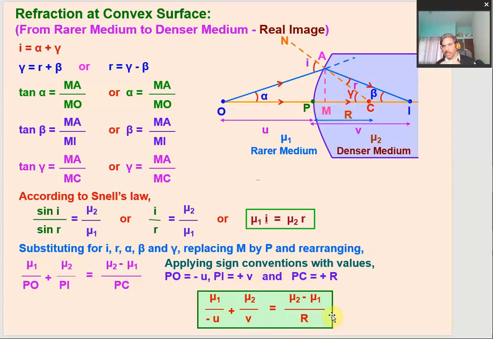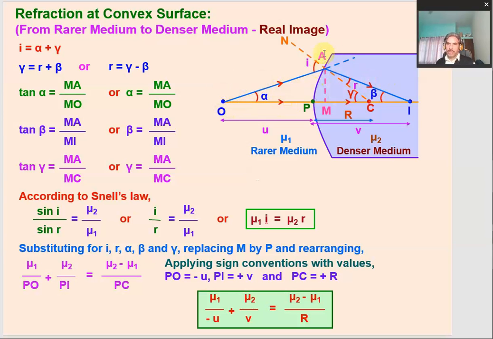You can also try the same derivation for the situation where the object is in the rarer medium and the image formed is a virtual image. Or in this case it is a real image, because the object is in one medium and the image is formed in the other medium.